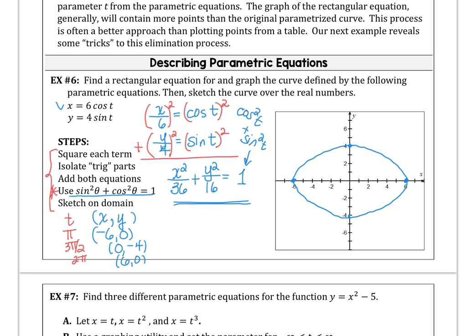So if you started over here at (6, 0) when t was 0, you would work your way around to (-6, 0) here at pi, and then (0, -4) at 3 pi over 2, and you would stop back at 2 pi. So that's a little bit trickier than what we saw on the first day.